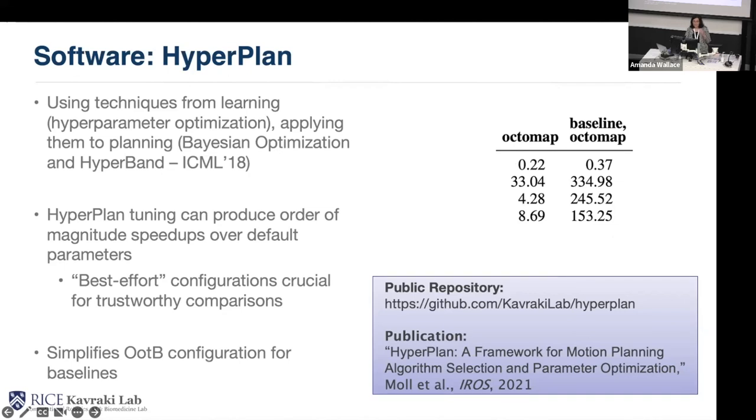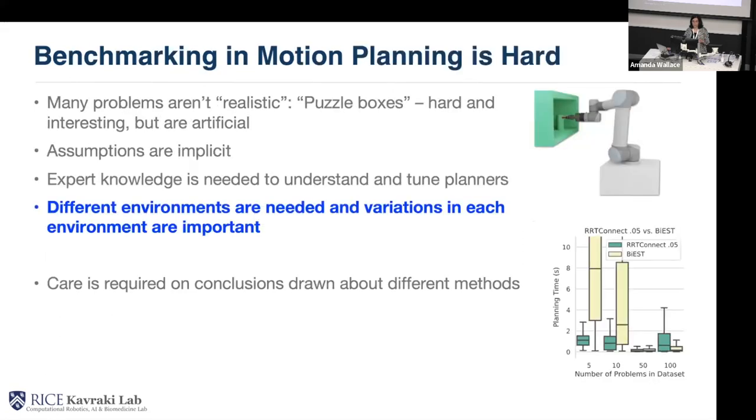So at least make a best effort to use the planner correctly, so that the comparisons that you're going to make among different planners are trustworthy. And it can be done automatically. You don't really need to hand tune the planners.